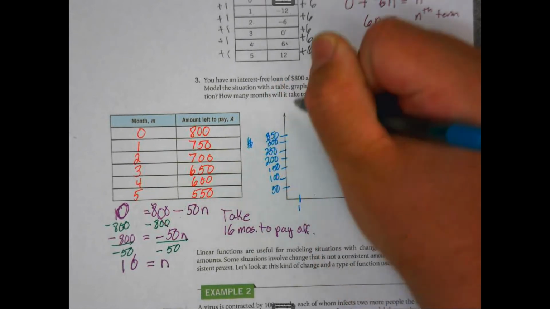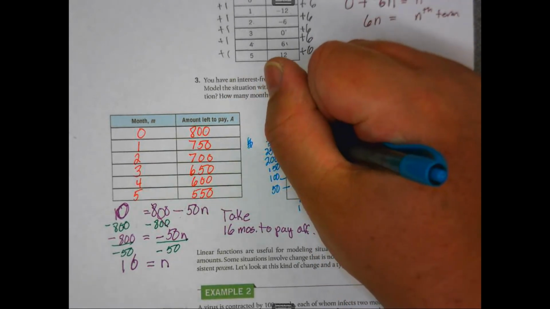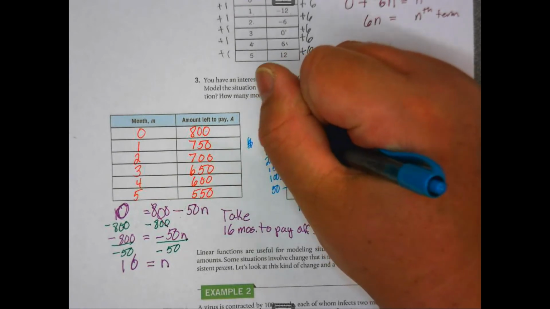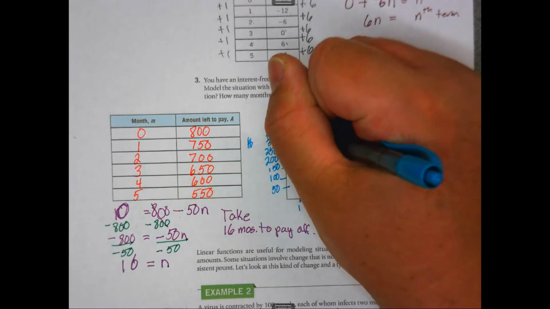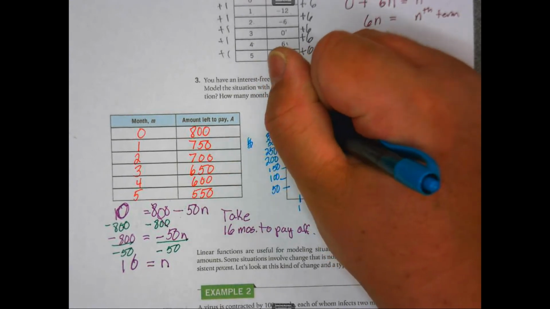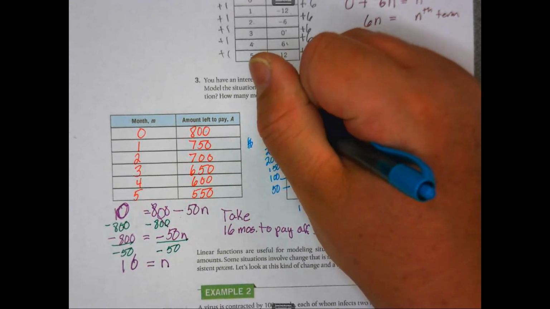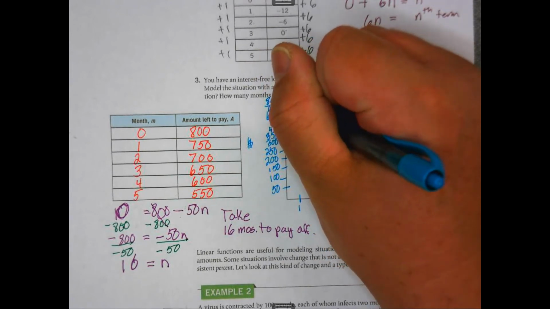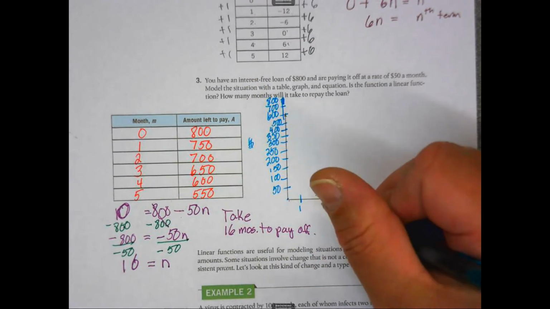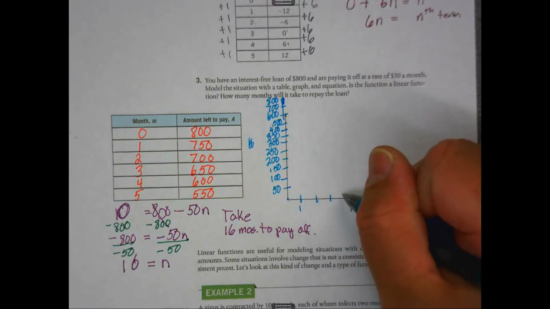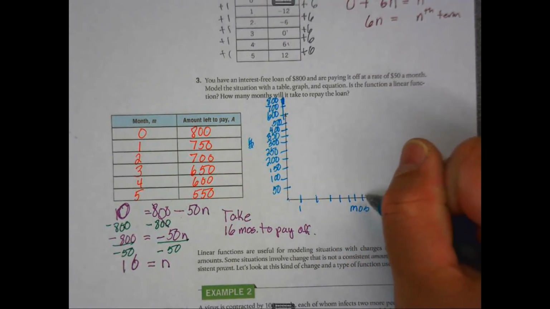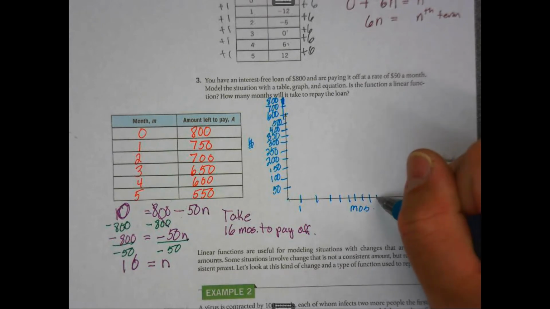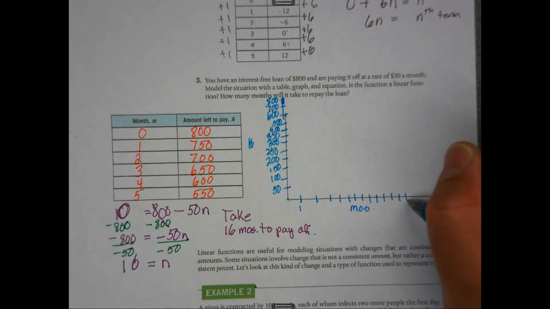I'm gonna kind of shrink it up here. 4, 5, 6, 7, 8. So 0, 1, 2, 3, 4, 5, 6, 8, 9, 10, 11, 12, 13, 14, 15, 16.